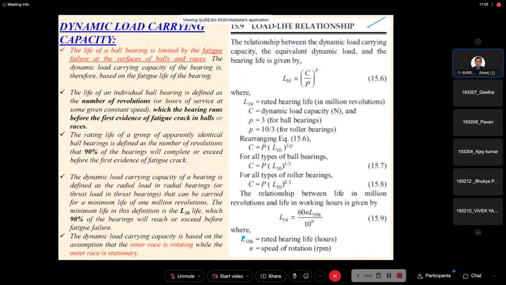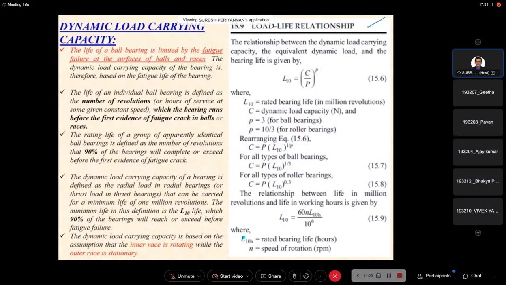See here, the life of the ball bearing is limited by fatigue failure. There are some more things on how we consider the bearing life, which we will discuss point by point. The life of the ball bearing is limited by the fatigue failure at the surface of the ball and race.